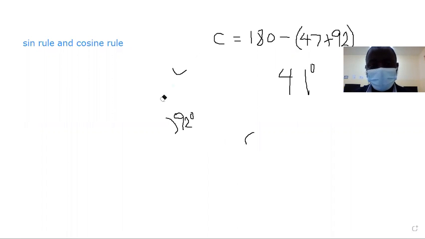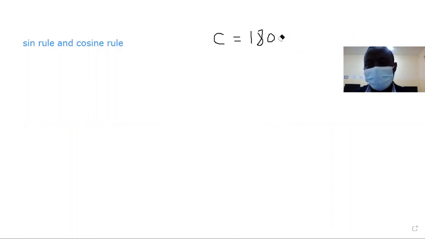Before we take examples, let us try to understand what is the sine rule. What does the sine rule say?